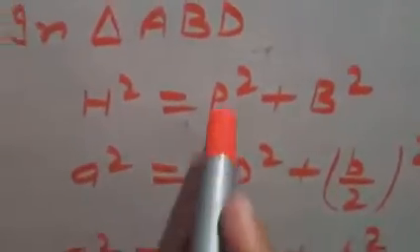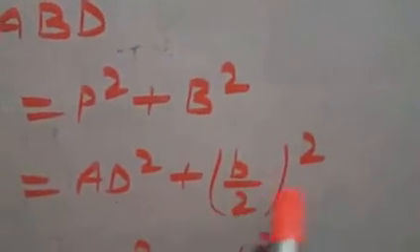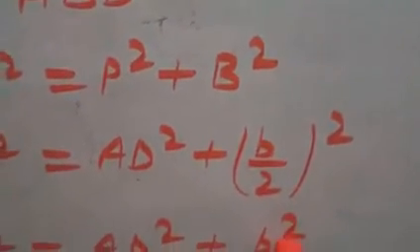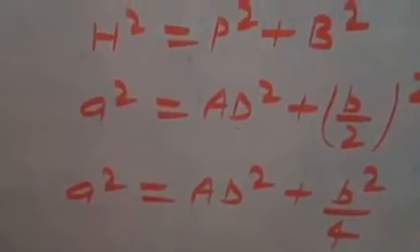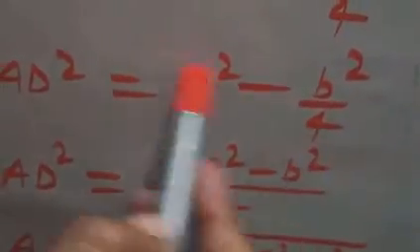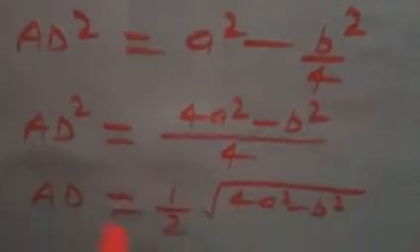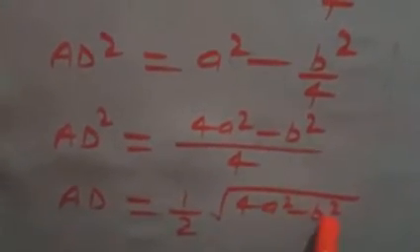Here the hypotenuse is A, so A square, and this is the perpendicular, that is AD square, plus the base is B by 2, so B by 2 whole square. Now if we open the square, B square by 4. Here it is plus, on the other side minus. So AD square is equal to A square minus B square by 4. If we take 4 as the LCM, 4A square minus B square. So if we remove the square, AD is half under root 4A square minus B square.